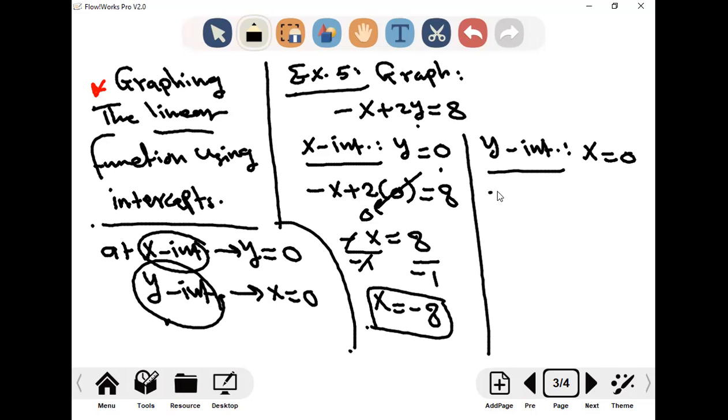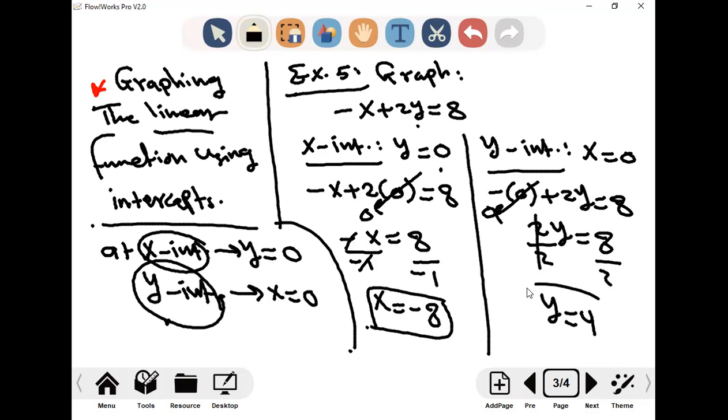Negative 0, right? Plus 2y equals 8. This is 0. 2y equals 8. Divide by 2, divide by 2, y will be 4. This is what we found here, the y. If you have the x-intercept and the y-intercept, you are ready to graph.